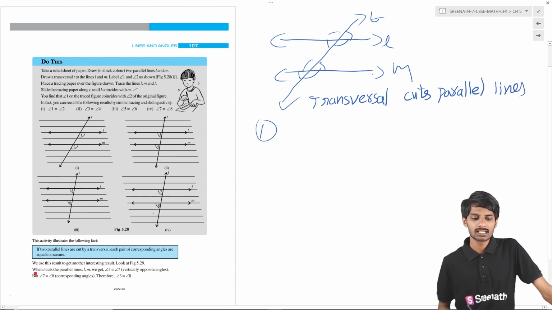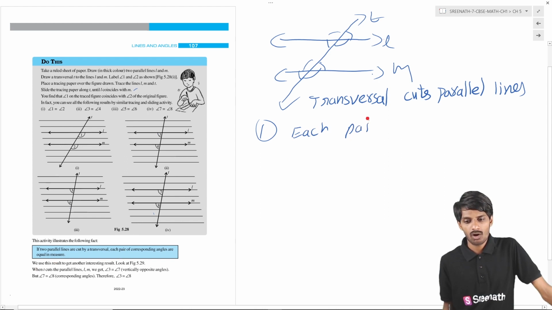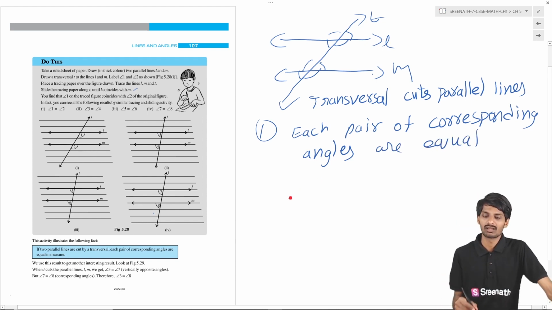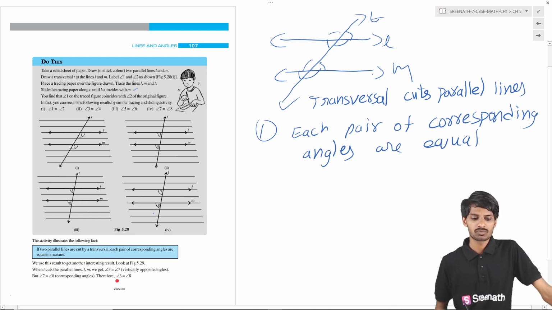The first result is that each pair of corresponding angles are equal. This is the one thing you are observing, students.